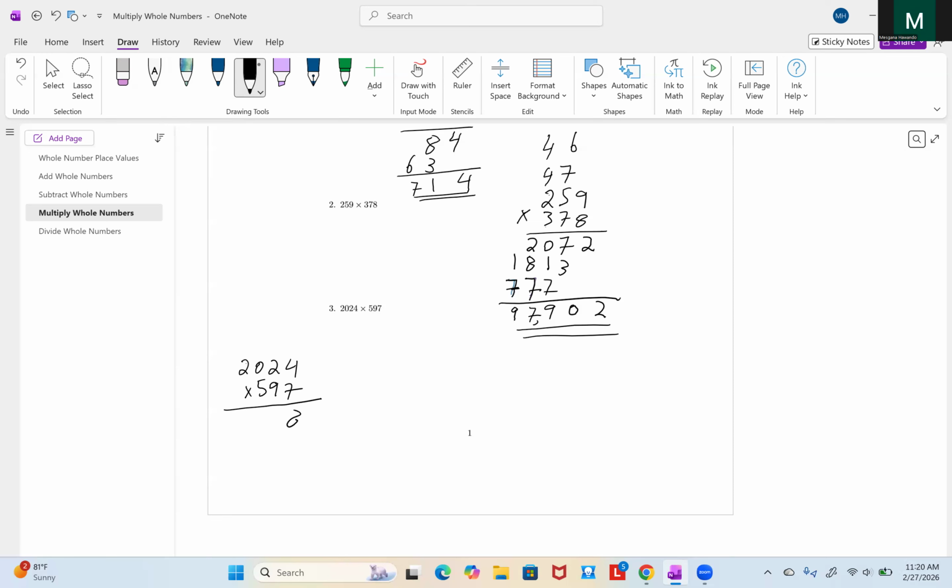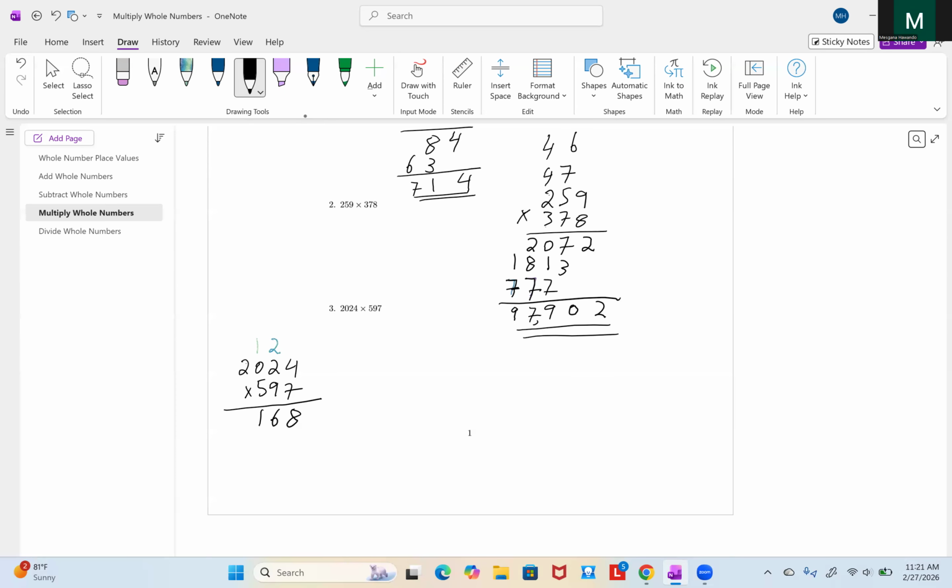We put the 8 and carry over the 2. 7 times 2 is 14. 14 plus 2 is 16. We put the 6 and carry over the 1. 7 times 0 is 0. And then 0 plus 1 is 1.